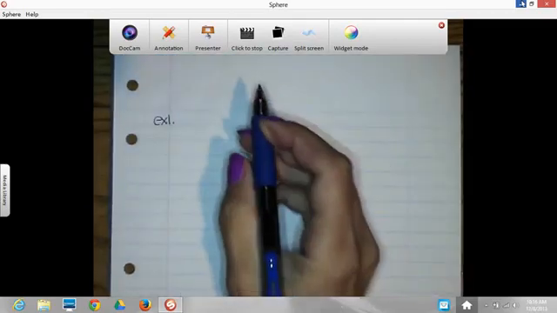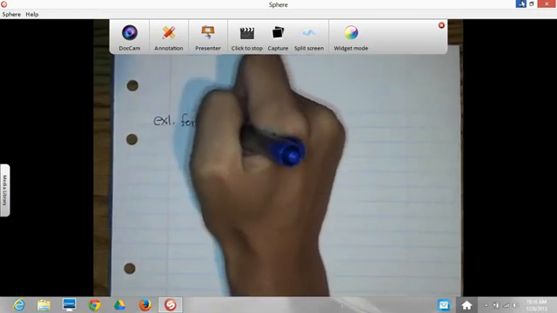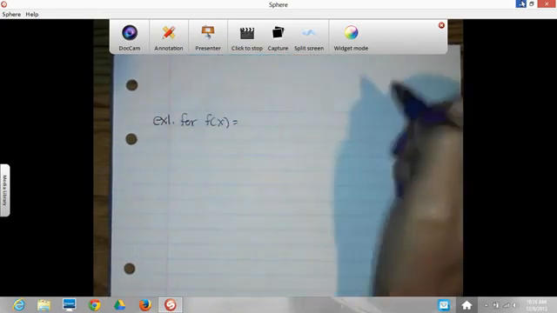All right, so 4: f of x equals 11 minus x cubed.